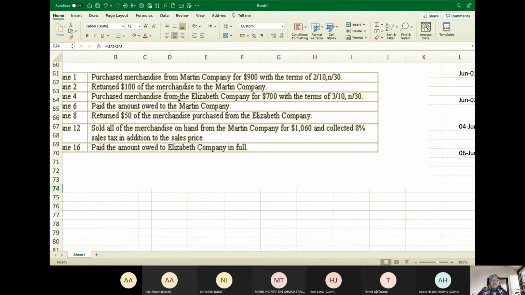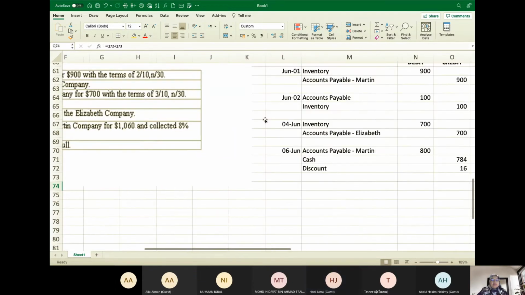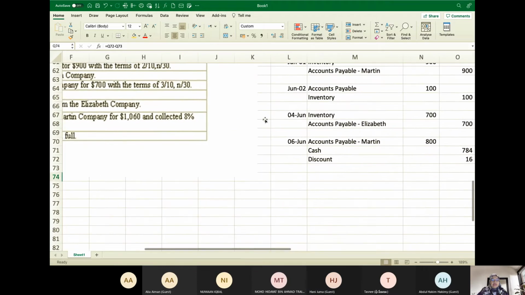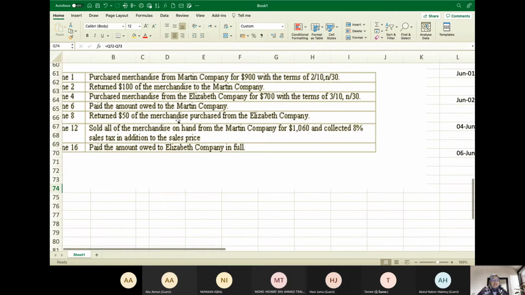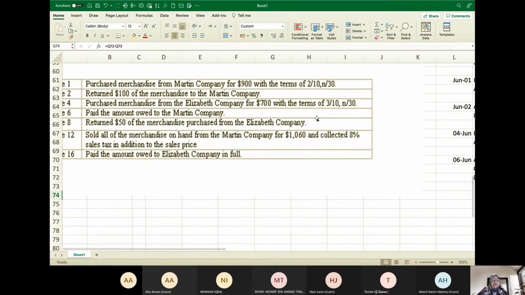You have done this purchase return from Martin. Right, this one is when you have a purchase return. So what is your entry for this purchase return, 50 of merchandise purchased from Elizabeth? What will be your journal entries?